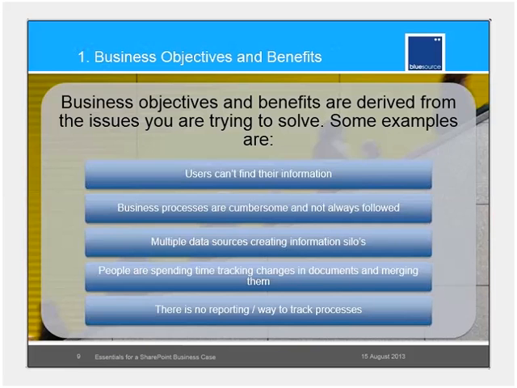The easiest way to come up with business objectives and benefits that will tie into return on investment is start with the problems that you're trying to solve. So talk to your users, or you may already understand those problems really well, but things like users can't find their information, or there's multiple data sources creating information silos. These are problems that you're trying to solve that you can then turn into objectives and benefits.